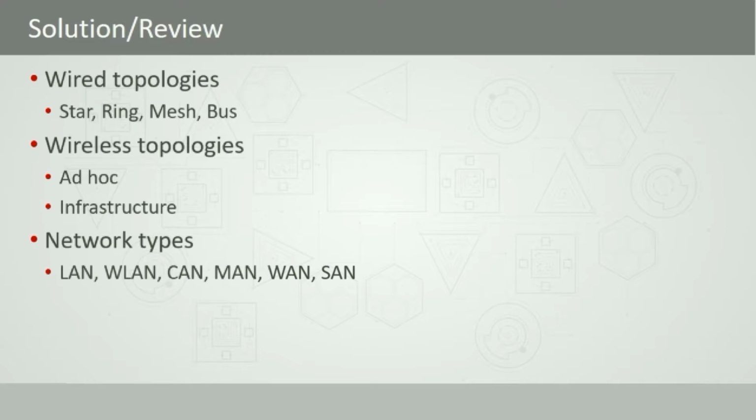It is dedicated to just accessing storage. So it's not designed for interconnecting your clients and servers, for example. But again, when it comes to LAN, WLAN, CAN, MAN, and WAN, those really are very similar in nature. It's just that they cover a much larger geographical area as you increase.